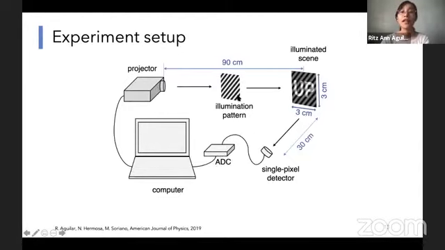And from the correlations of the illumination pattern, or of the structured patterns, and the signal collected by this LDR here, you can combine all of these signals to retrieve the image of the scene here.